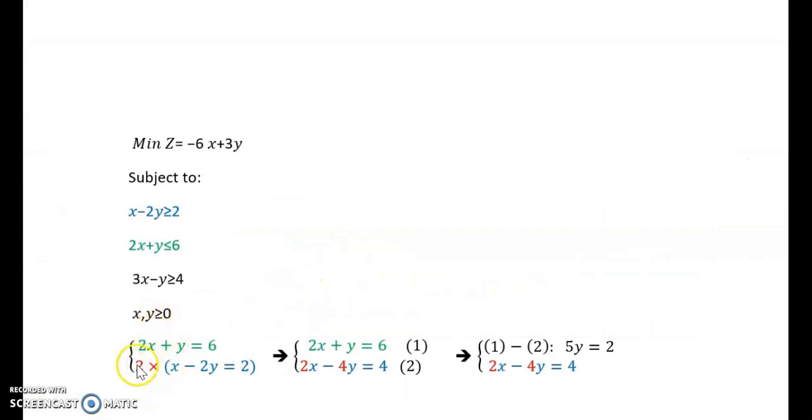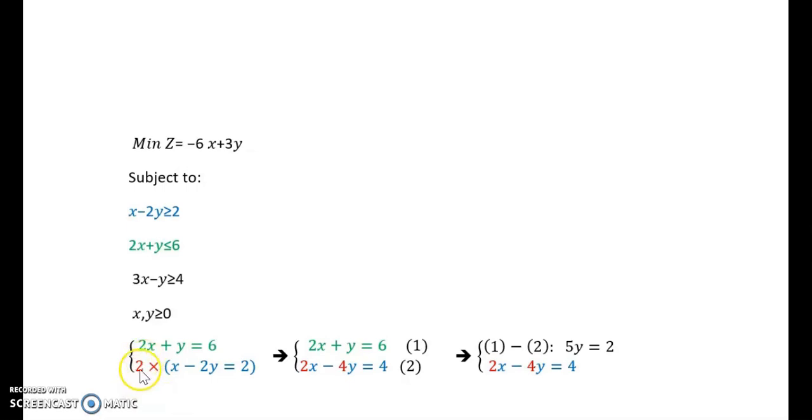So this is the system we're going to be solving. This is the equation representing the second constraint, and this one representing the first constraint. We're going to be solving the system using the elimination method.